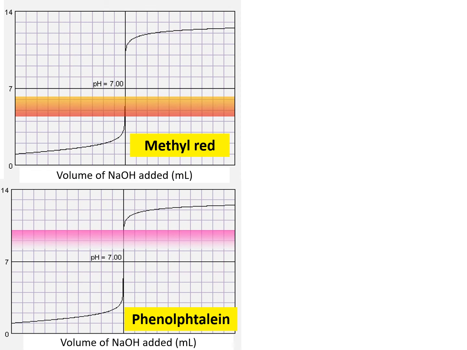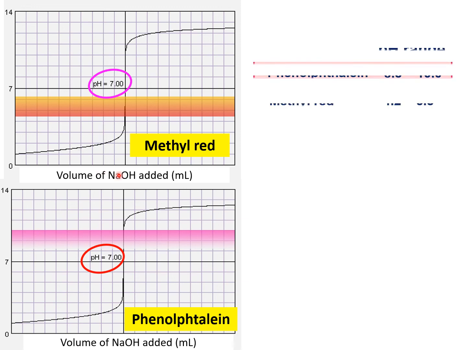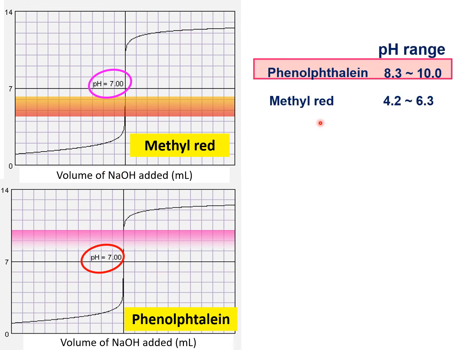If we look here, the pH at the equivalence point is equal to 7. So we have two pH ranges here. Remember, our equivalence point here, pH equals 7. I give you two examples, methyl red and phenolphthalein.